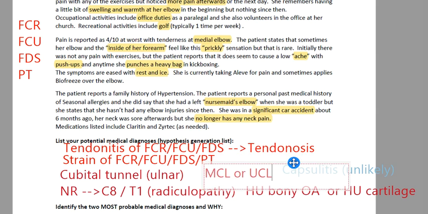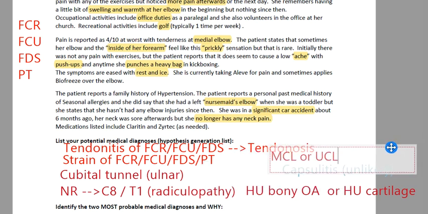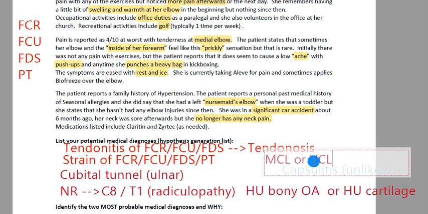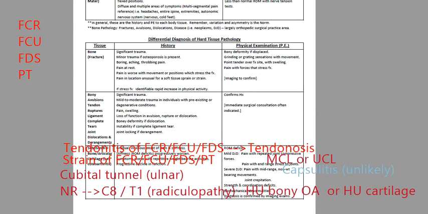She does have some swelling initially. Could she have done it with one of the plyometric activities? The P90X, could it have happened with the kickboxing? It's possible. I'm going to put this as a little more likely because if you think about MCL or UCL, there's typically a traumatic event that happens, and it would typically be common to have pain during the activity.